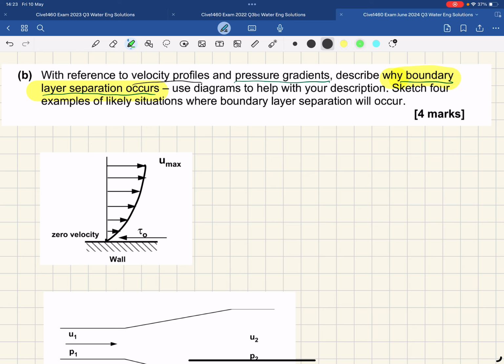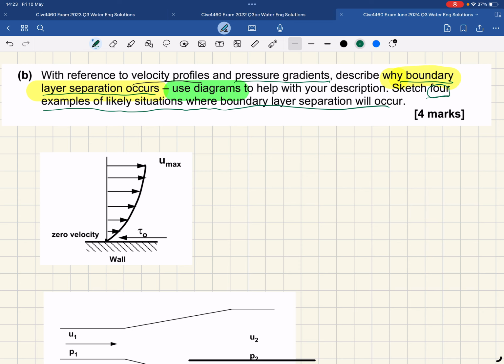So let's use diagrams and then sketch 4 likely situations where boundary layer separation will occur. So what we've got to look at here is how to describe boundary layer separation.